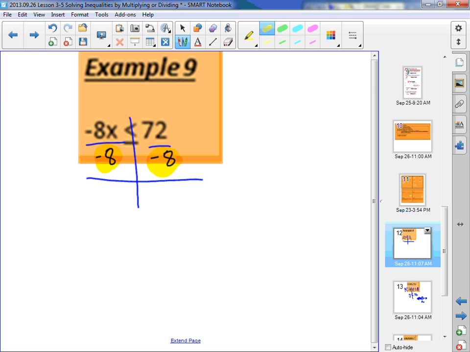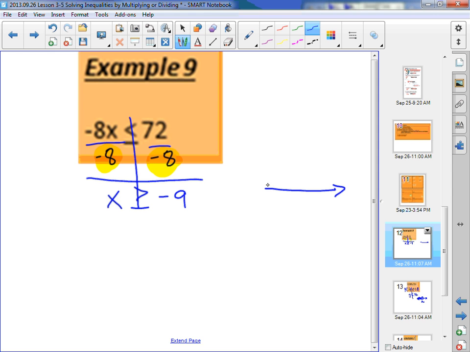Because that's a negative, I have to flip only the symbol, okay? So instead of it being a less than or equal to, it's now going to be a greater than or equal to symbol. So on the left, I bring down the x, and on the right, I do 72 divided by negative 8, which is negative 9.